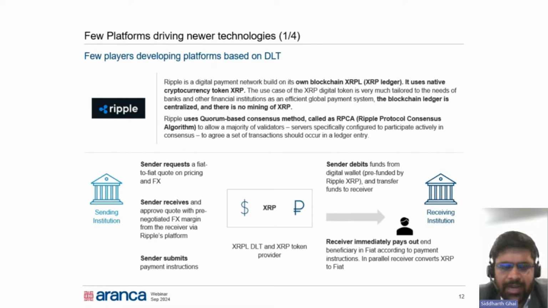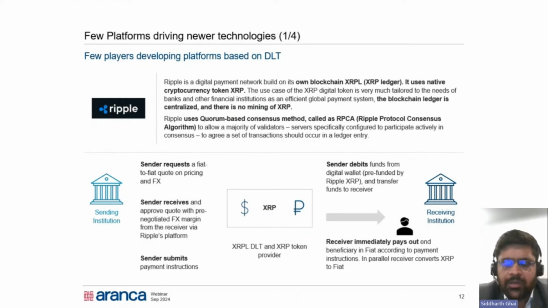So, for example, if I need to send a particular amount of dollars to India, right, then I'll be buying a particular number of XRP tokens using, for example, $10,000, and those XRP tokens would be transmitted to the receiver, and the receiver would be able to convert those XRP tokens to the native INR value, and the INR value would be transmitted to the receiver's bank.